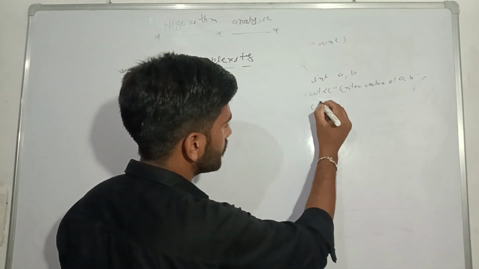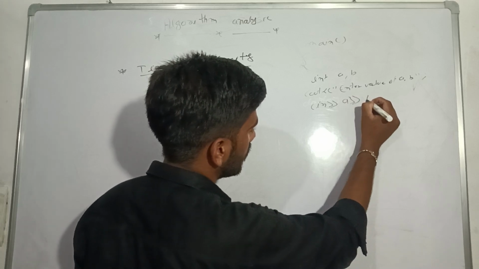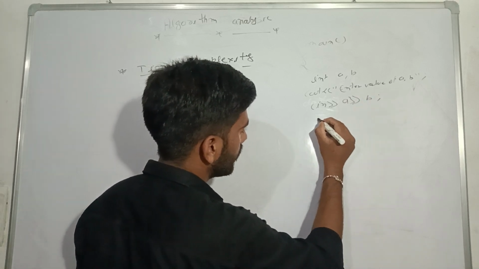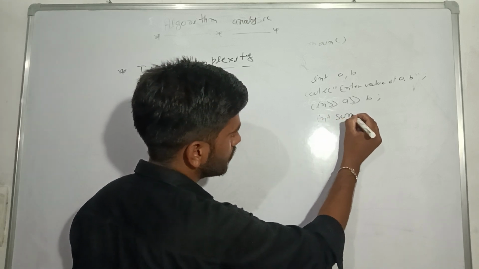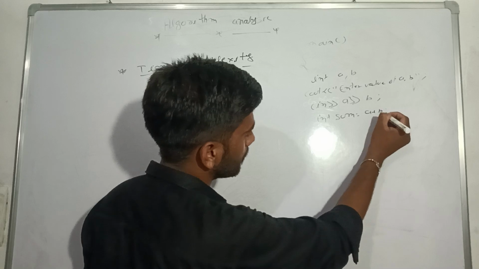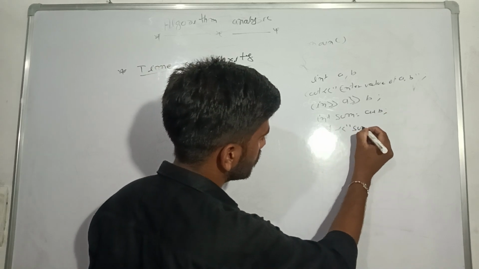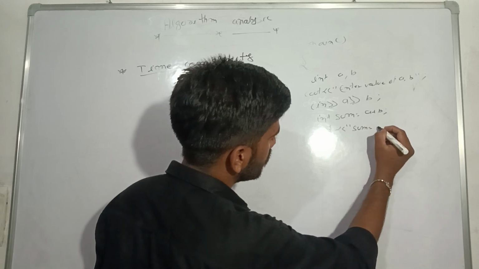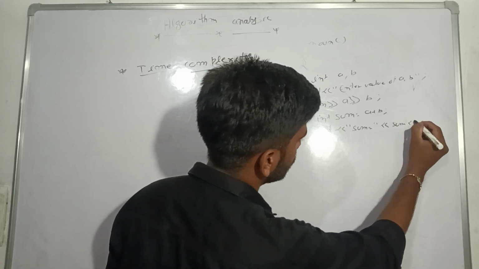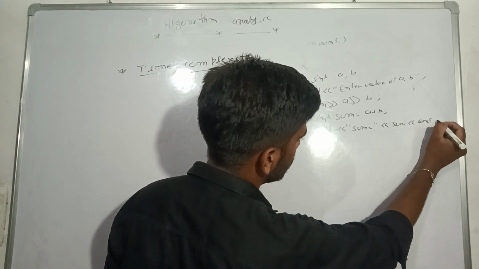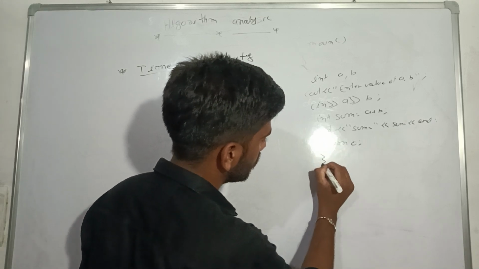And cin a and b, and produce int sum equals a plus b, and cout sum is equal to sum, right?